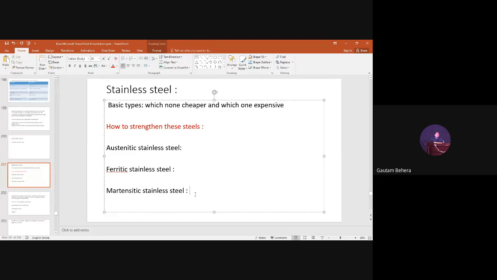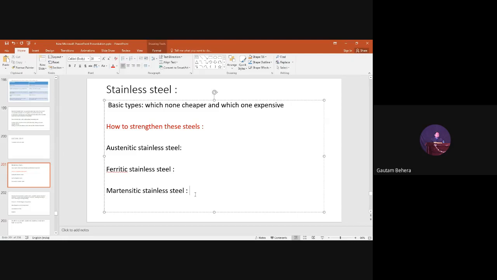They do not attract towards a magnet. You can perform an experiment at home: bring a magnet to your kitchen utensils or kitchen sink. They will not be attracted towards the magnet. So they are basically austenitic stainless steels.